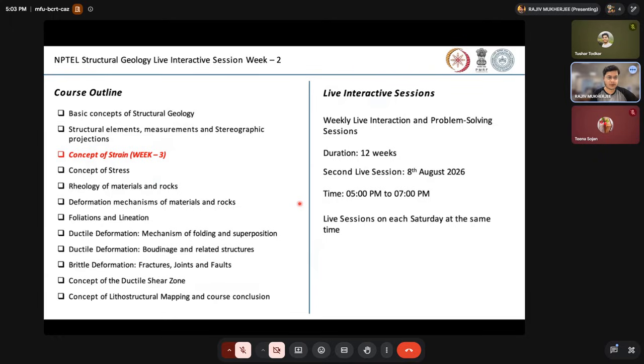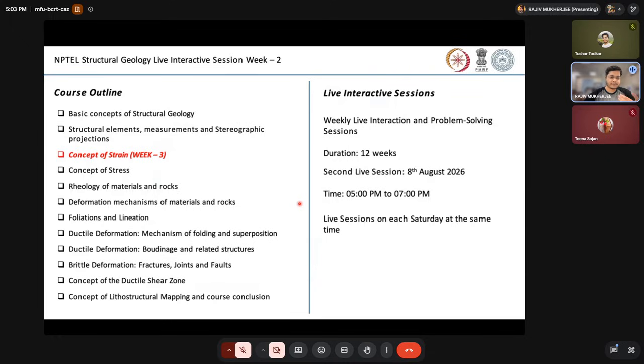So today's topic is the concept of strain. In the coming weeks, we will also learn about the concept of stresses, rheology of materials and rocks, deformation mechanisms of materials and rocks, foliations and lineation, ductile deformation that includes the mechanism of folding and superposition, followed by ductile deformation that includes the mechanisms of boudinage formation and related structures.